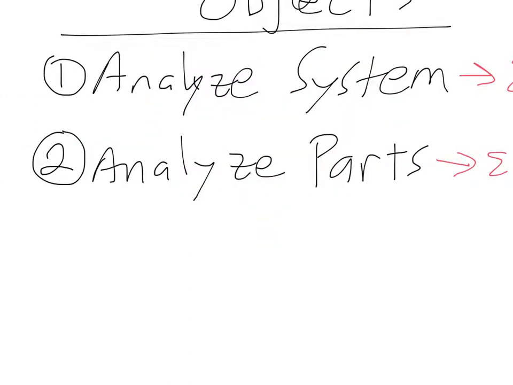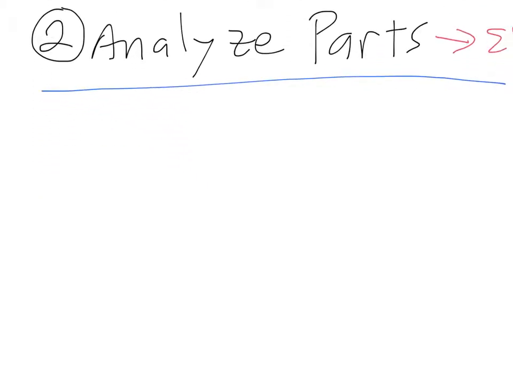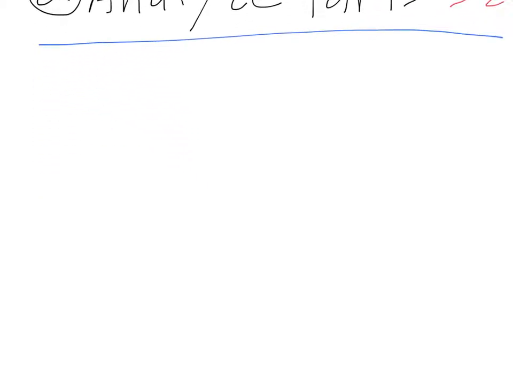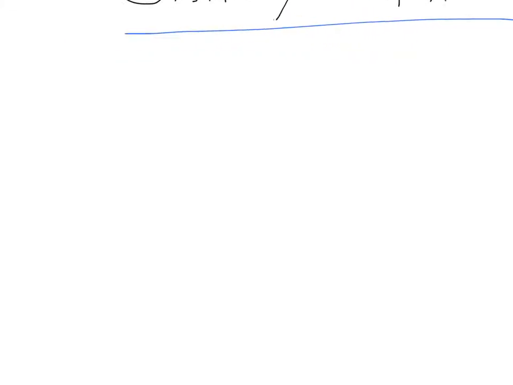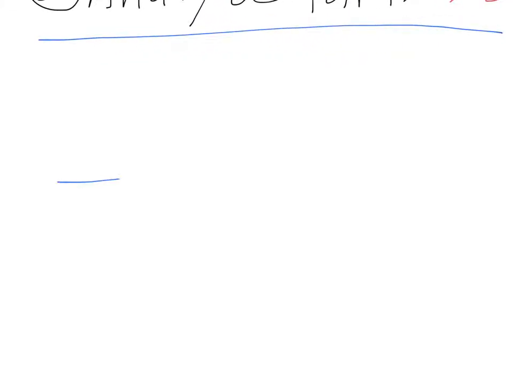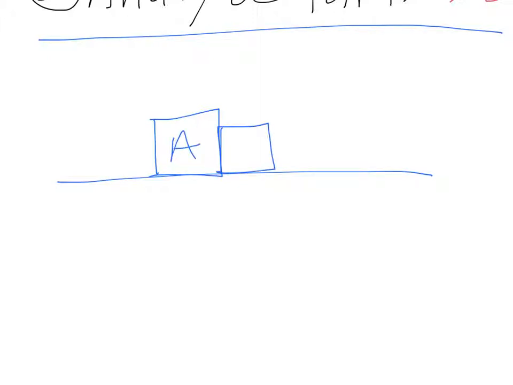Let's look at a simple example of this. So you will sometimes see a problem in which you have two objects, call them object A and object B, being pushed by a hand or something else.